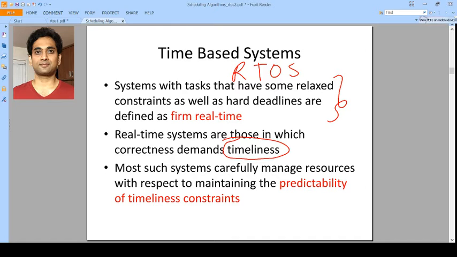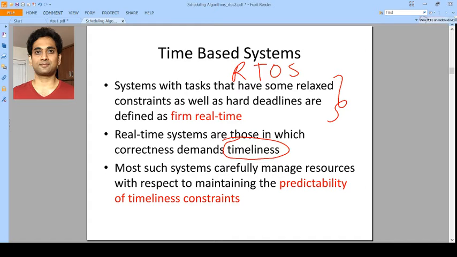The fundamental need for a scheduling algorithm in a real-time operating system comes from the fact that robust operating systems, robust embedded systems have to respond to very strict time deadlines.